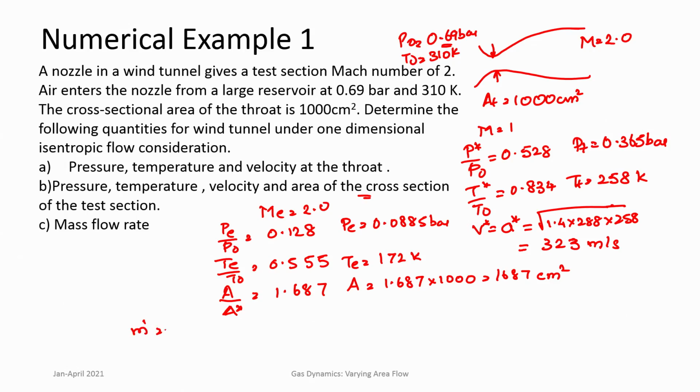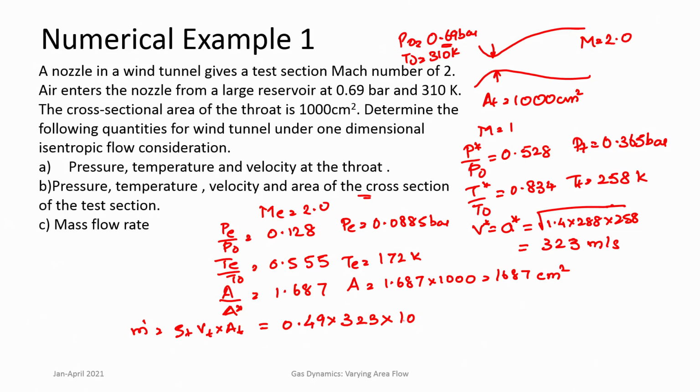Mass flow rate, it can be calculated at throat, rho t, Vt, At, all things are calculated here. Density at throat can be calculated by Pt by R Tt, it is 0.49 kilogram per meter cube, and Vt is known 323 and At is known 1000 centimeter square.